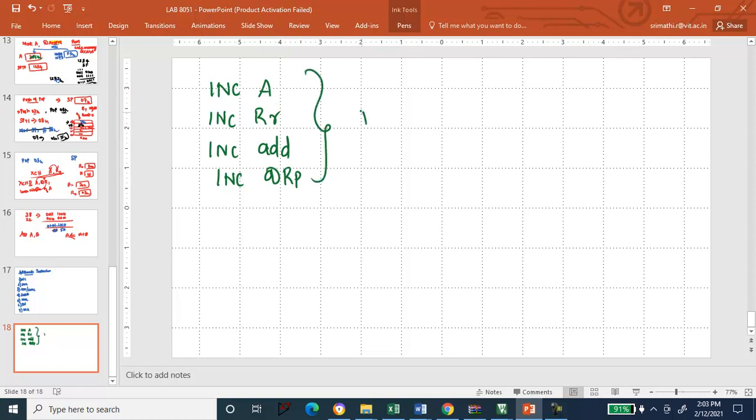All these instructions increment the data by 1.